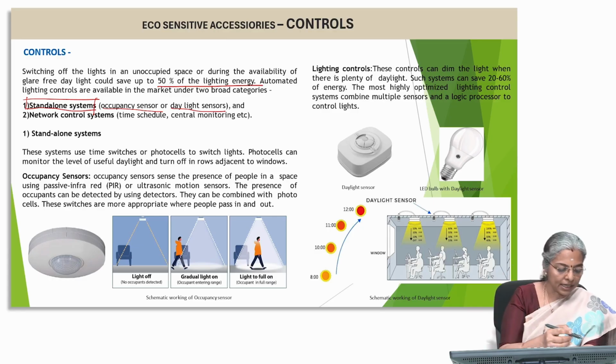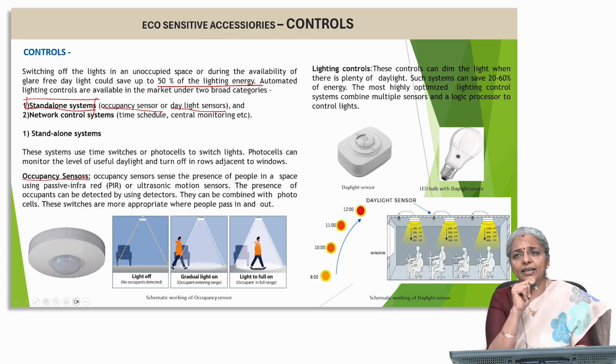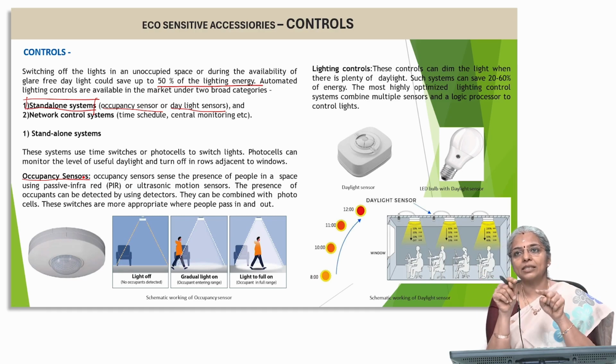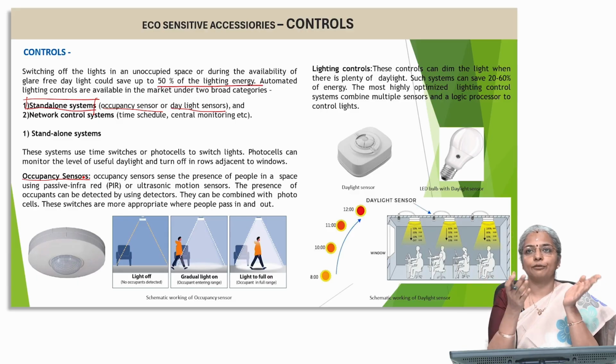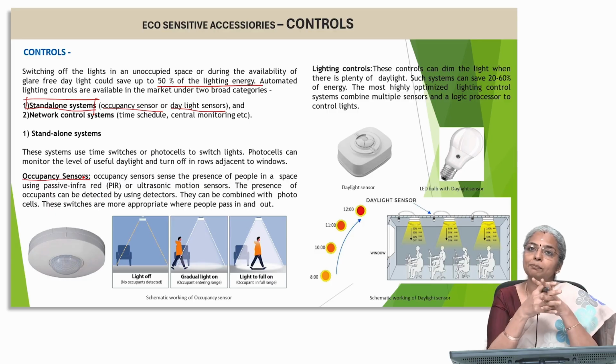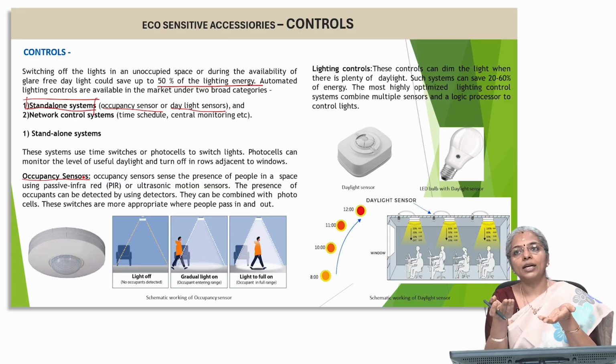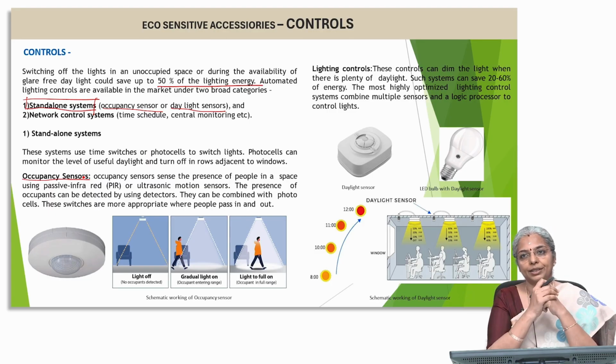Whereas, occupancy sensors, which we have seen in greater detail, will sense the presence of people in the space using passive infrared, which we called PIR, or ultrasonic motion sensors.